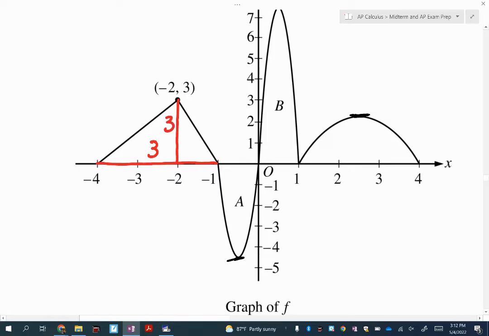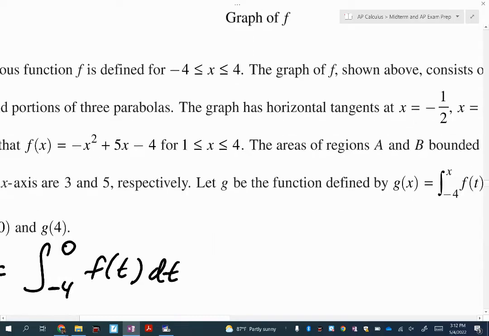All right. So what's the area of this triangle? Times half. 9 times a half or divided by 2? Just say 9 halves. Excellent. 9 halves. We did it.